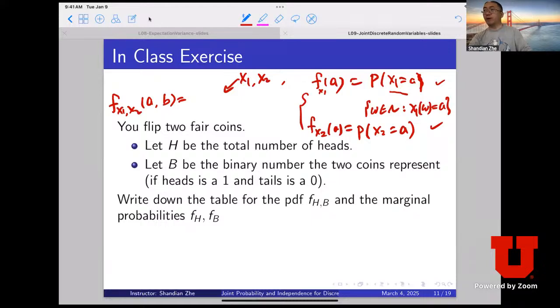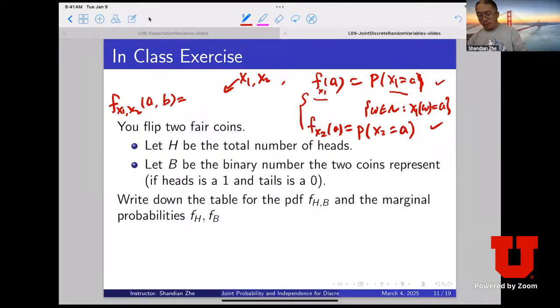Are you talking about how to calculate that? Here the definition is just the joint probability of the two events. For a single random variable x1, the PDF is just the probability of the event that x1 takes some value.